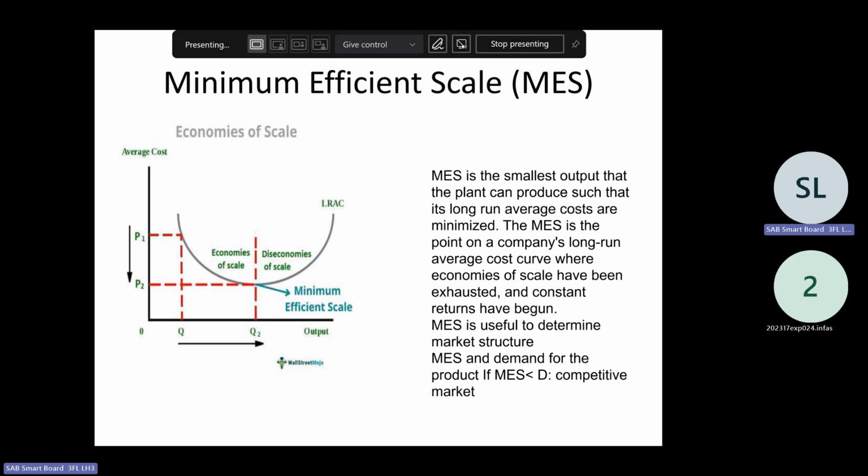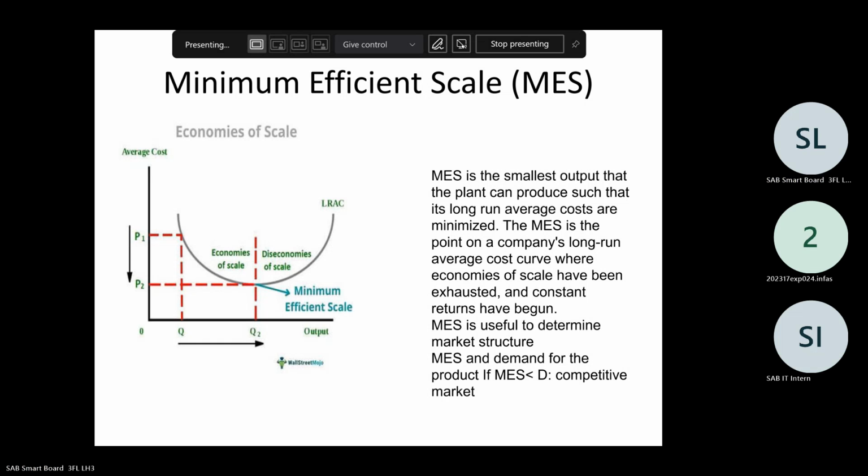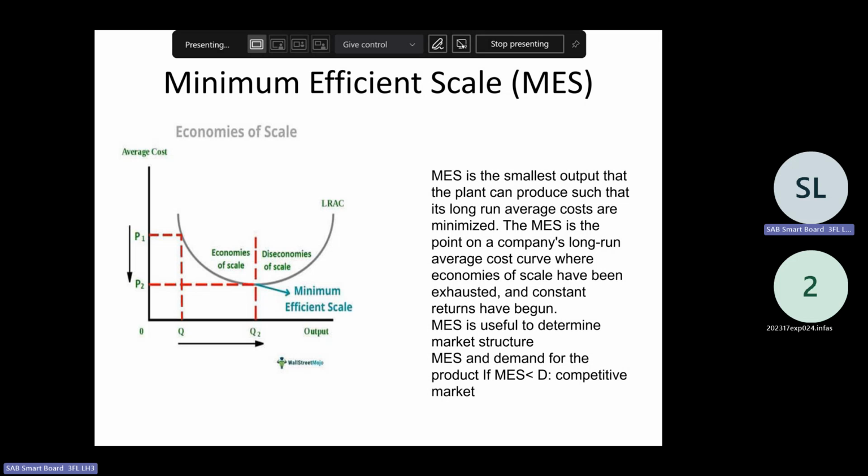When the output level increases even in the long run, we come to constant returns at a particular level. Thereafter, even in the long run, if we increase the output level, average cost also increases and generates decreasing returns to scale. That is the minimum efficient scale.